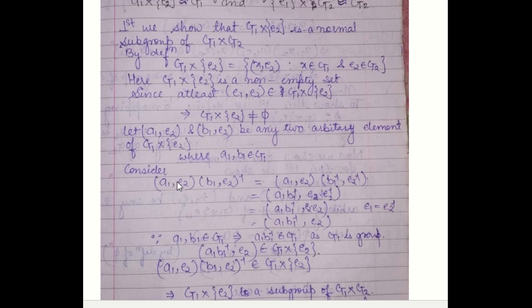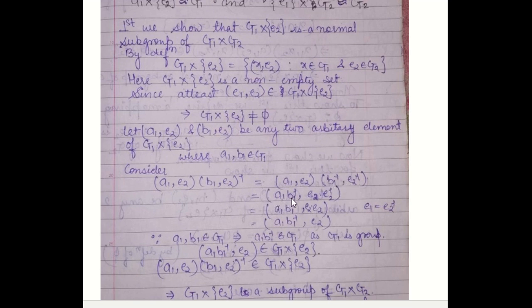So for that we take alpha beta inverse. So we take a1 e2 into b1 e2 whole inverse, and we know by the definition of inverse of external direct product, this will be equal to b1 inverse comma e2 inverse.